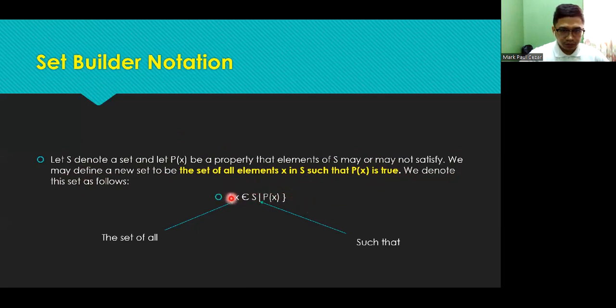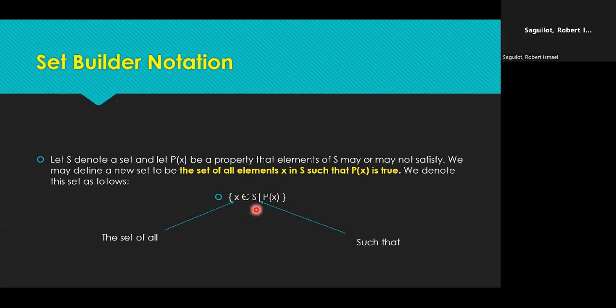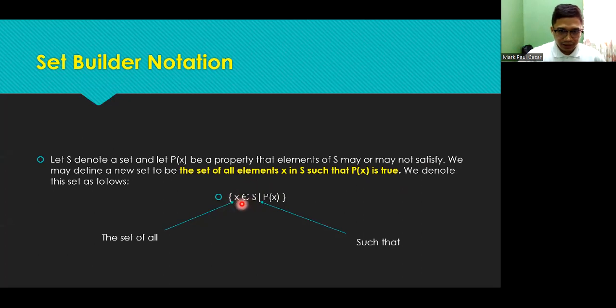Did you remember this from earlier? What does this mean? In our earlier topic, this means that X is an element of S, right? Yes, sir. Did you remember that? If it is written like this, X is an element of the set S. But here, we added this symbol, and it means such that.